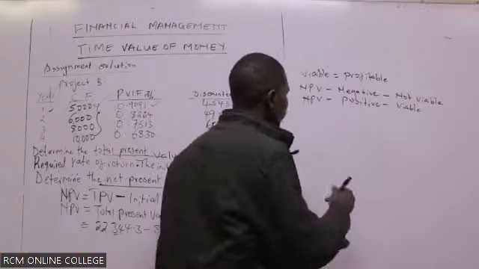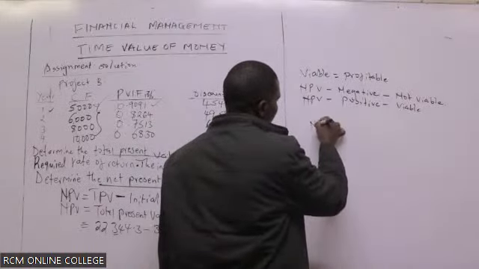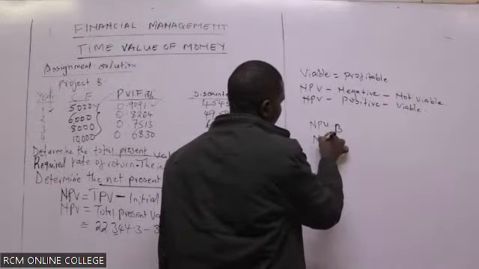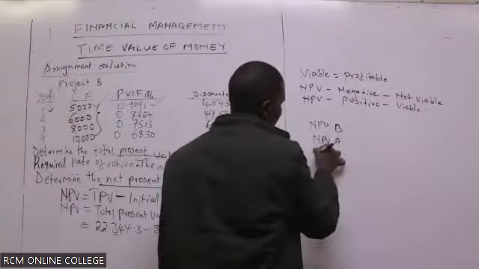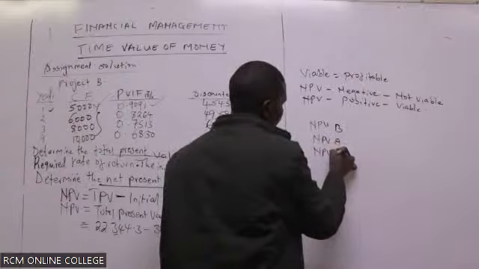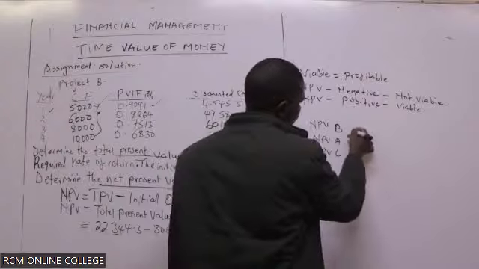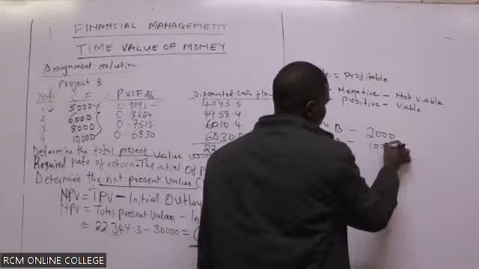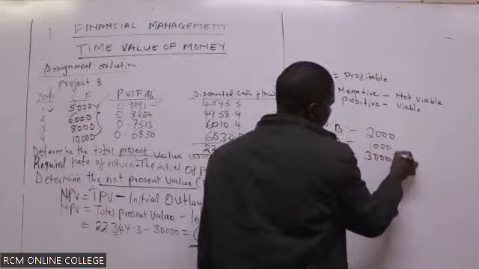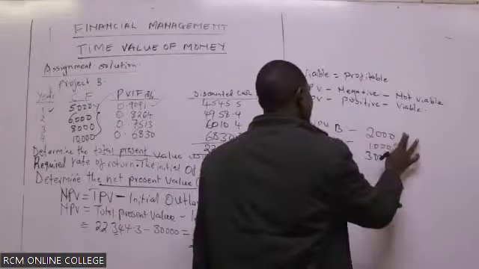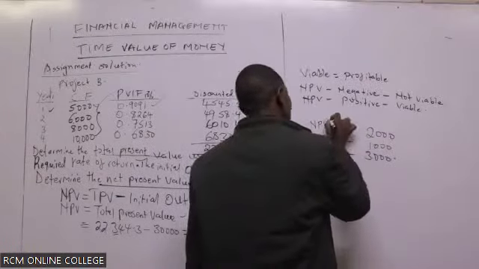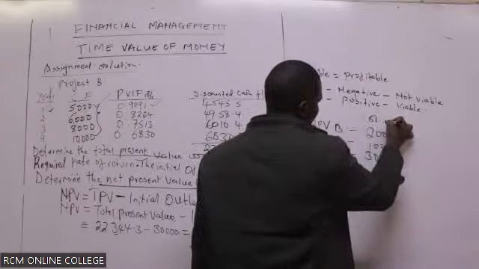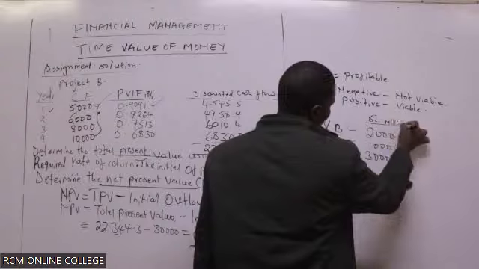Now I want your input here. NPV of project B, NPV of project A, NPV of project C. These are the NPVs of each project, and these are in shillings, in millions.